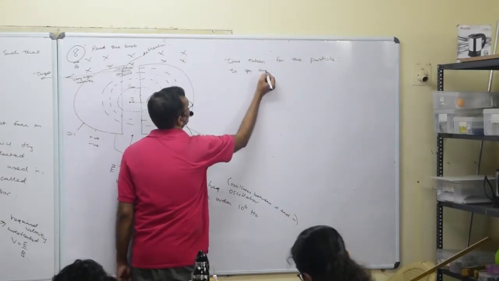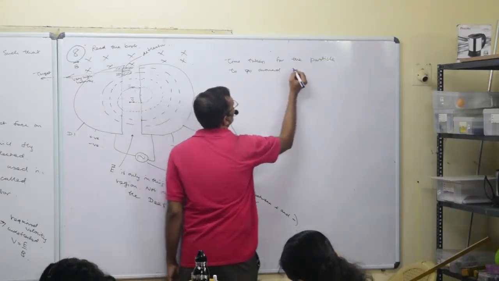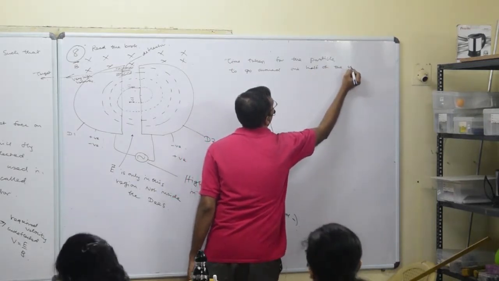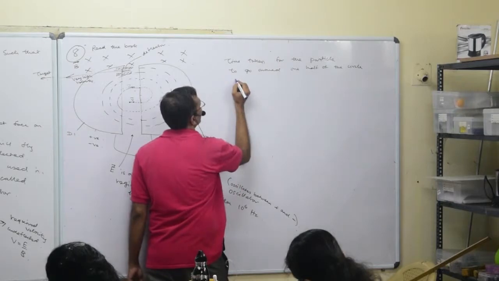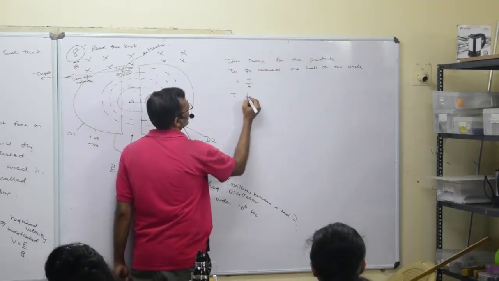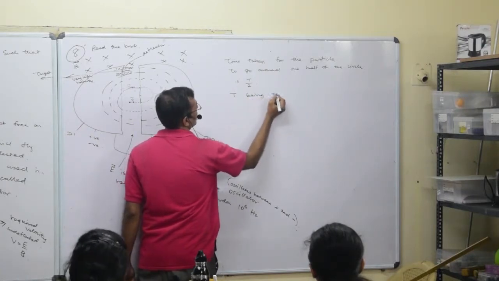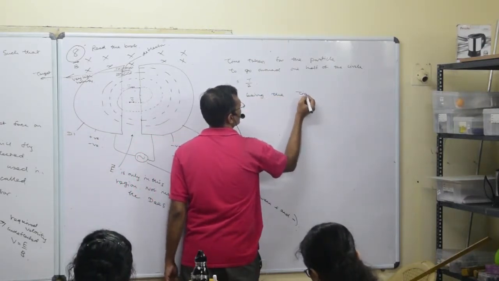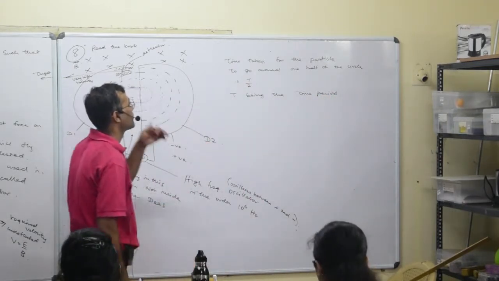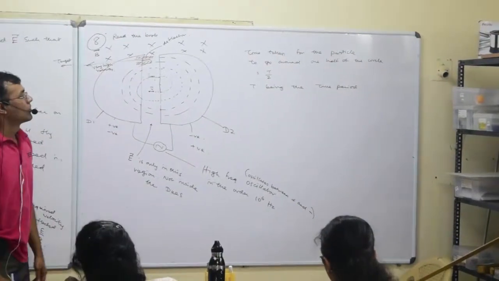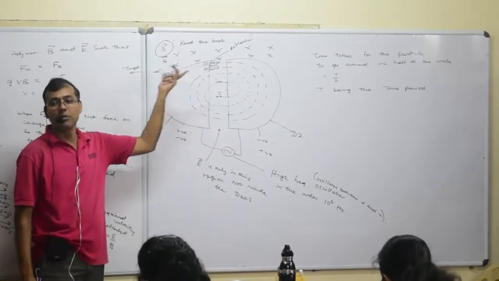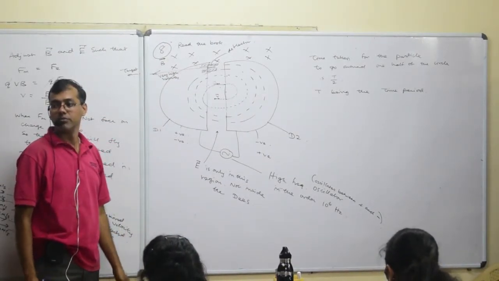To go around half of the circle is T/2, T being the time period. If time period is for one full circle, then for half circle it will be T/2. As simple as that.